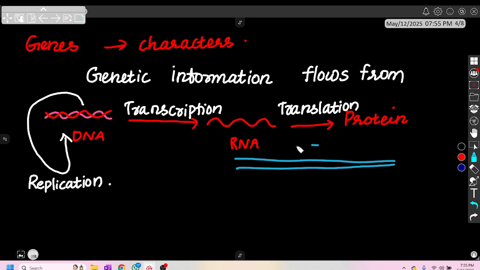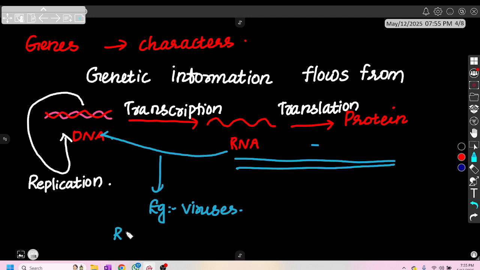But in some cases, for example, in case of some viruses such as HIV virus, COVID-19 virus, their genetic material is RNA, and from RNA, DNA is synthesized.